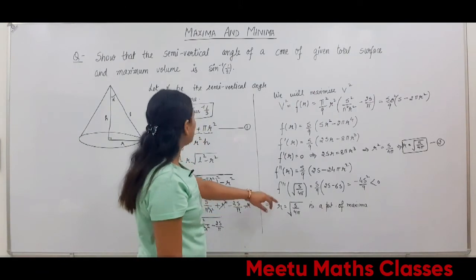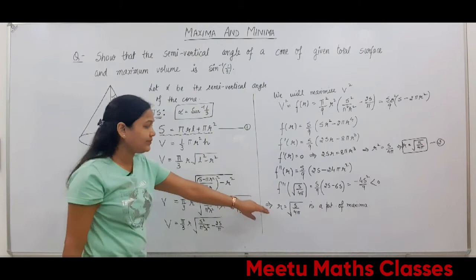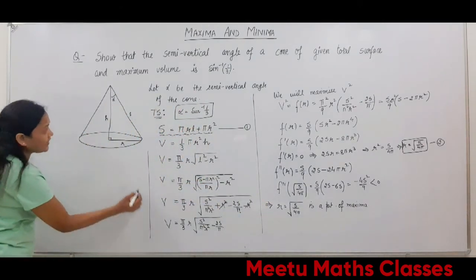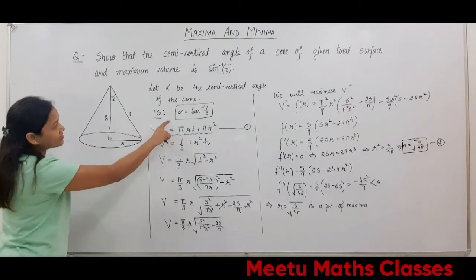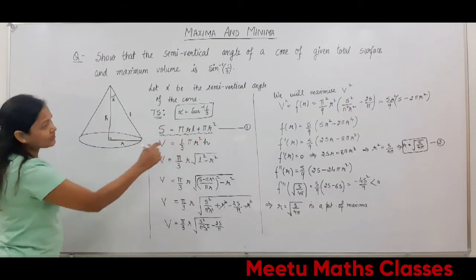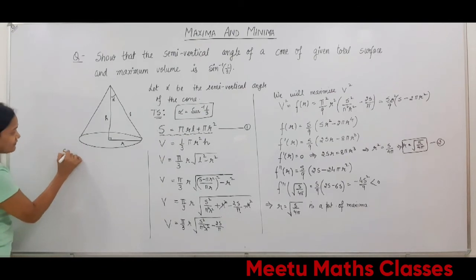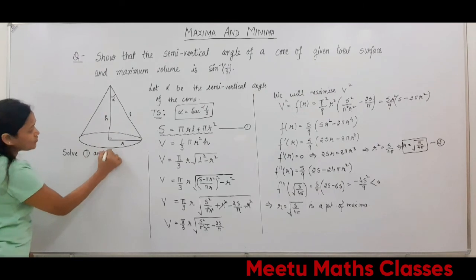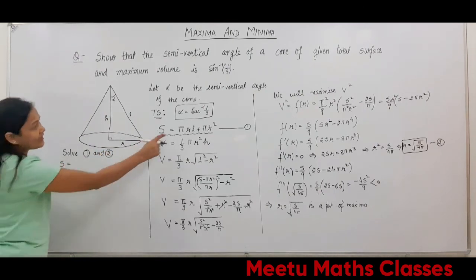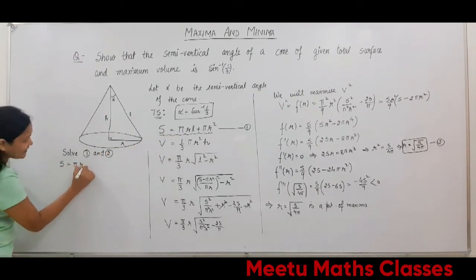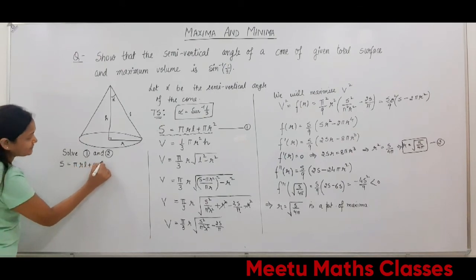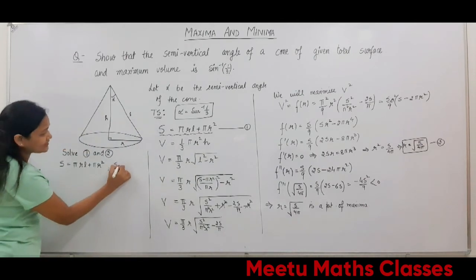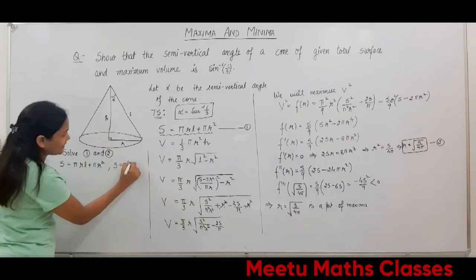Now your question is, when your volume is maximum, you have to find the semi-vertical angle. So let us try to find out the semi-vertical angle. To find the semi-vertical angle, you are going to solve 1 and 2. Your first statement is s is equal to pi r l plus pi r square, and your second is the critical point, that is s is equal to 4 pi r square.